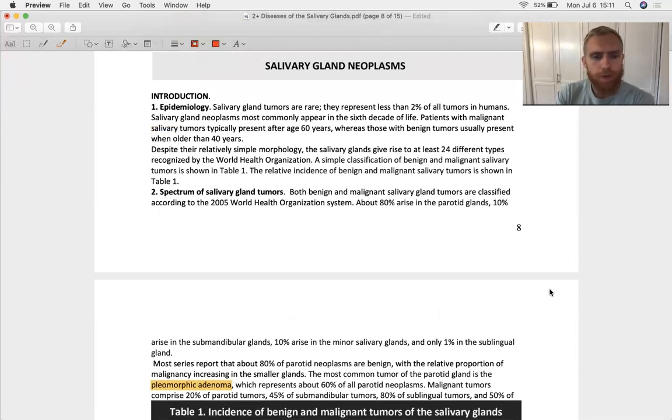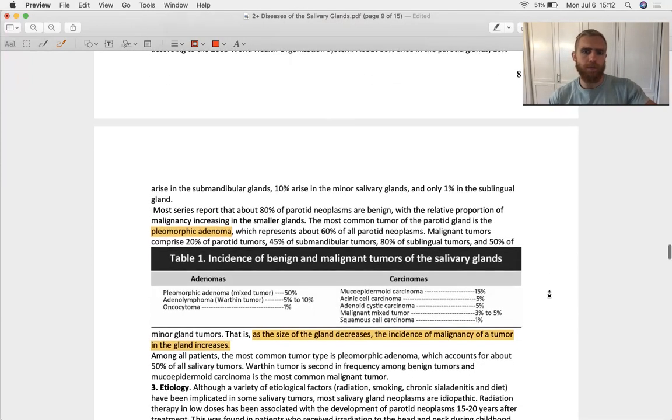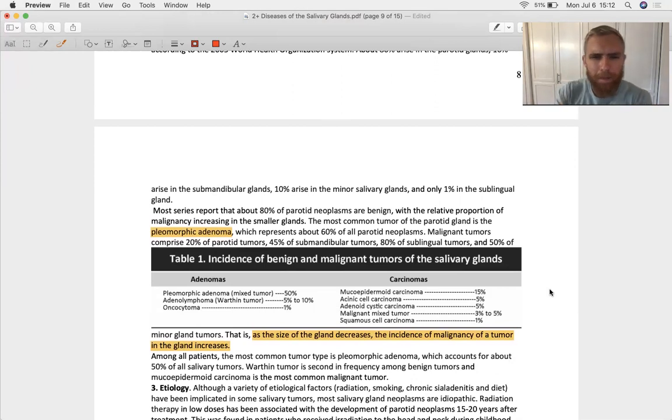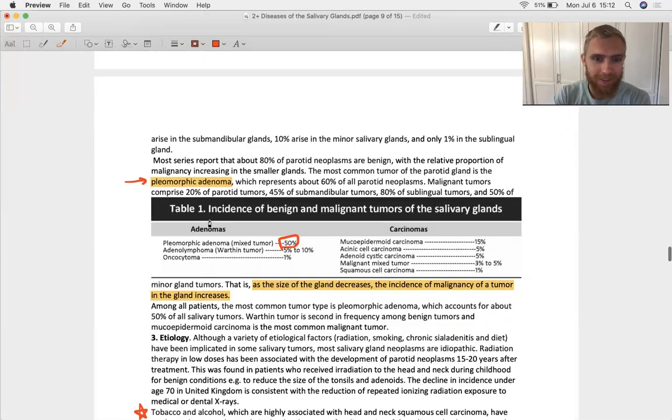So now we move into neoplasms of the salivary gland, and we start with the pleomorphic adenoma. Big number here: 50%, look at that, 50% of salivary gland tumors are pleomorphic adenomas. Do you think you're going to get asked a question about a pleomorphic adenoma? I think so.